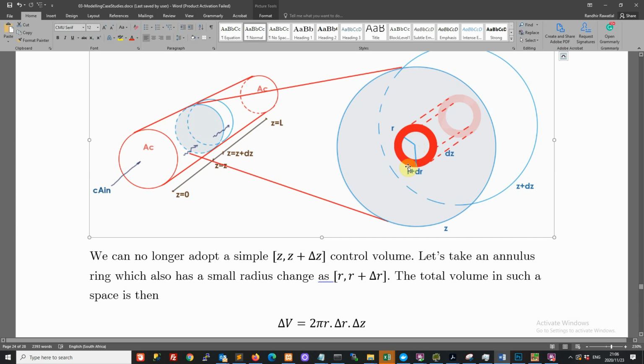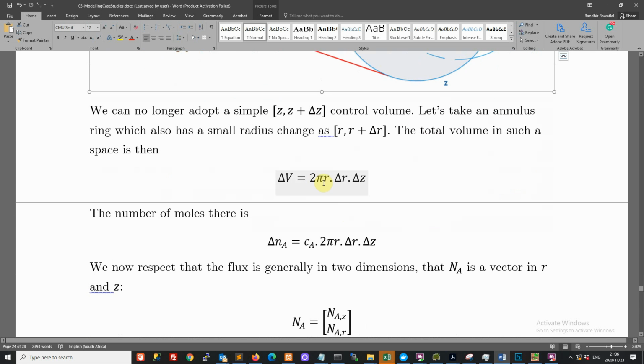So 2 pi r times delta r is an estimate of this area. And then if we multiply that by delta z, that's going to estimate for us the volume of this entire annular space. So 2 pi r delta z, that's an estimate of the volume of that space.